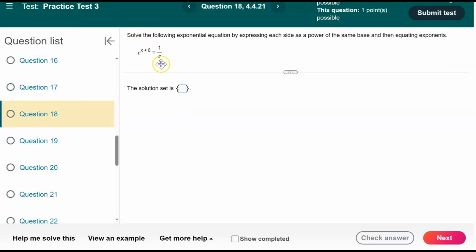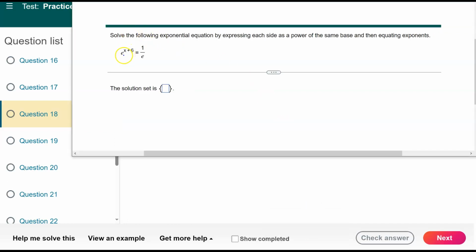Next we are to solve this exponential equation by expressing each side as a power of the same base. In this problem, we are to express 1 over e also as base e. Using laws of exponents, 1 over e is just e to the negative 1.